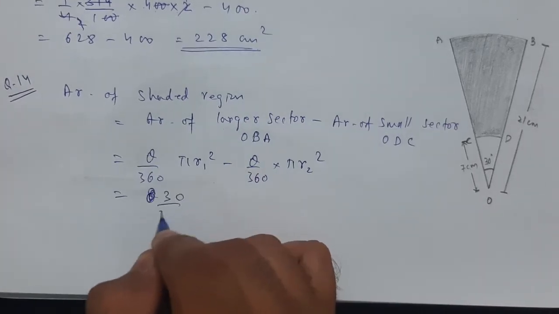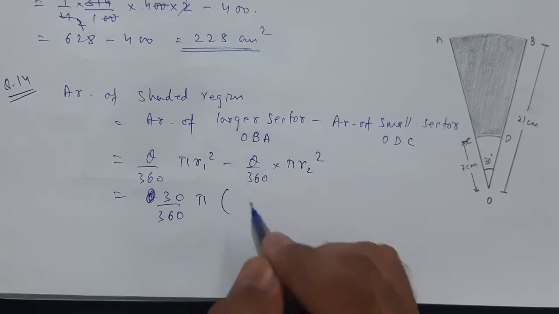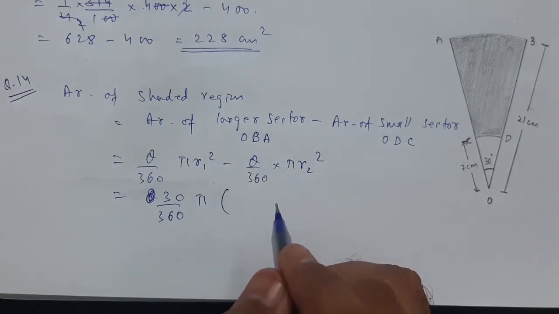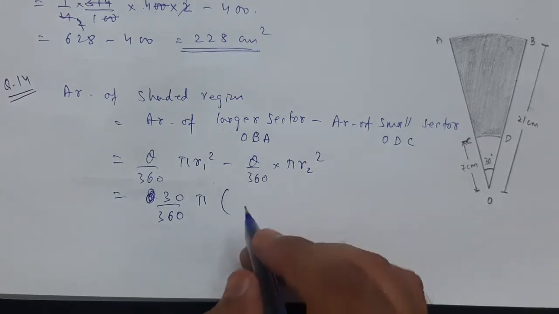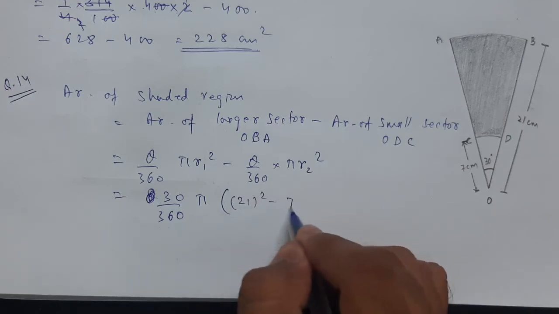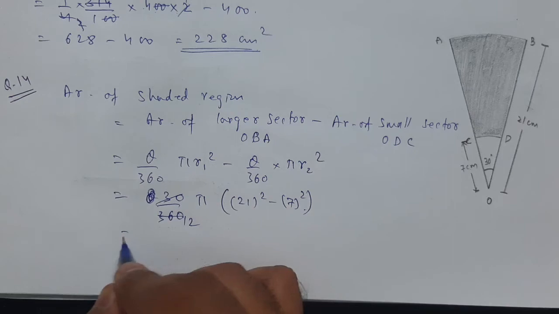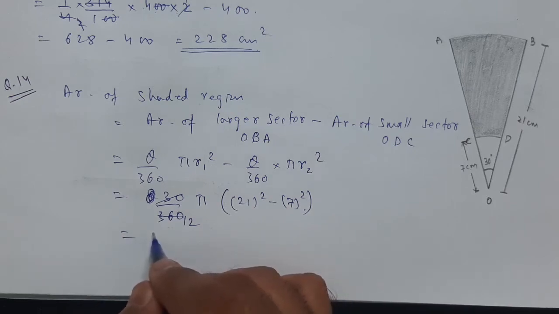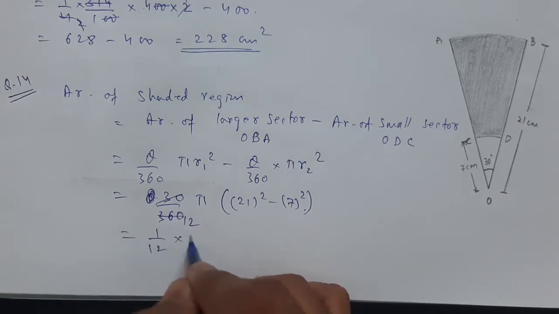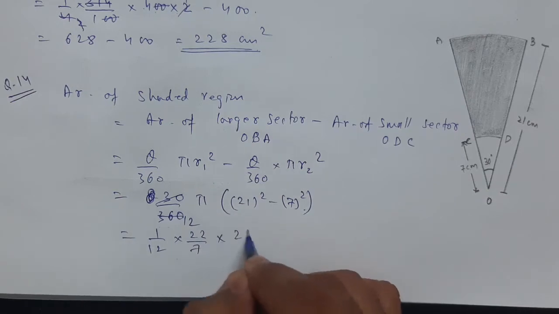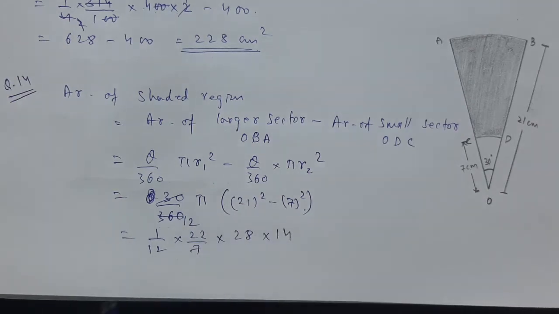So that is equal to 30 by 360 into pi, which will come out as common, 21 square minus 7 square. 1 by 12 into 22 by 7 into 28 into 14.